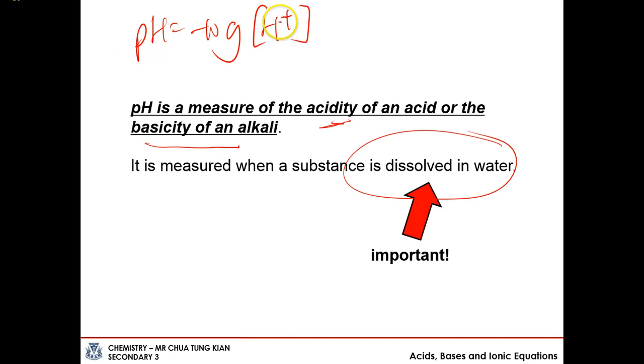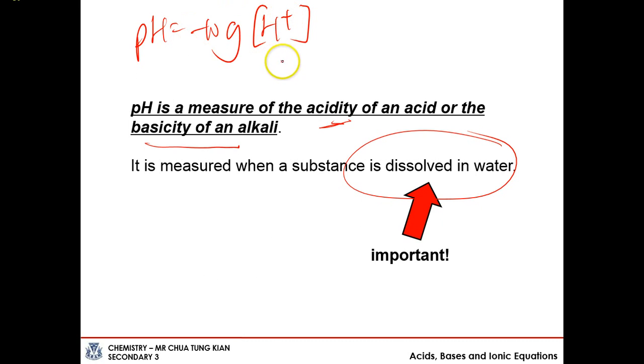That's why if I have a strong acid which is fully dissociated, I will have a low pH. If I have a weak acid which is not fully dissociated, my concentration of H plus will be much lower. So when I negative log a smaller number, I will have a larger pH. Try to sub in certain values.